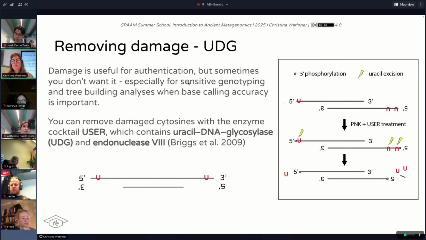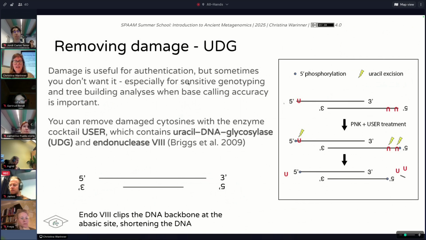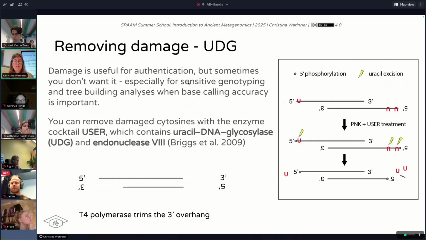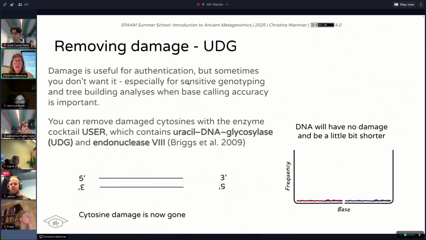And anywhere a uracil occurs, it just cuts it off. So it clips out the uracil base, leaving an abasic site, and then endonuclease 8 comes and clips it at that position, which shortens the DNA. And then T4 polymerase comes and trims the 3' overhang and fills in the 5' overhang. And now your cytosine damage is gone. So you can remove the damage using this process, but it's really by clipping out the damage. So you end up with a smaller molecule.